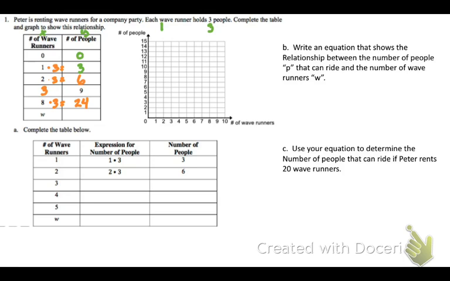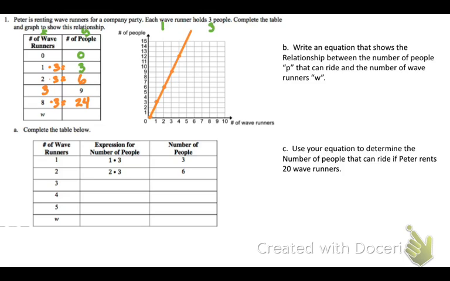So now, let's just graph this. If I have 0 here, if I have 1, I've got 3. You can see how graphing this is working. Okay, so now I've got all my dots there, plus a few more. And I'm putting my line in.